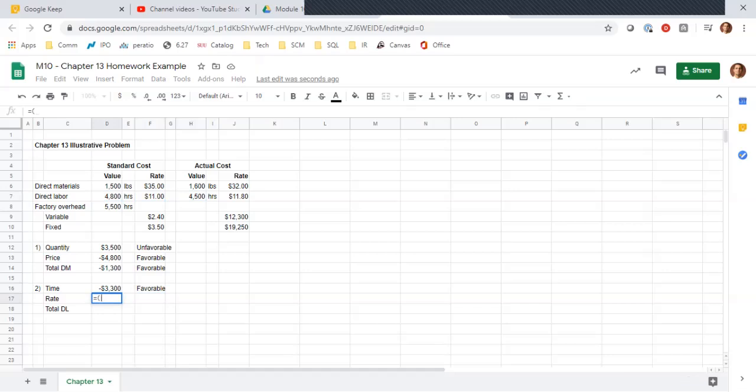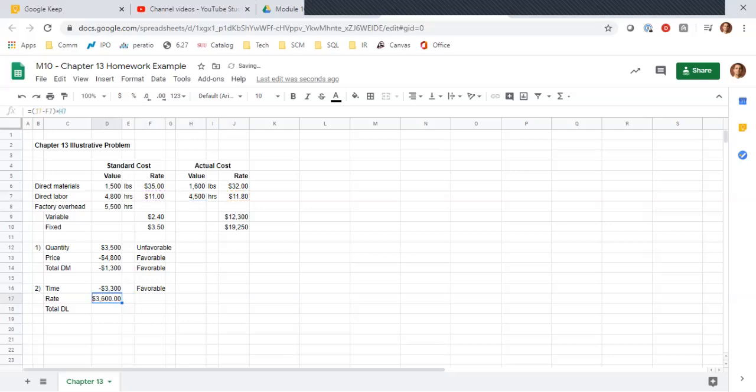Okay, our rate variance is going to be our actual rate minus our standard rate multiplied by our actual hours. Rate variance is a little bit different than a price variance, so keep that in mind.